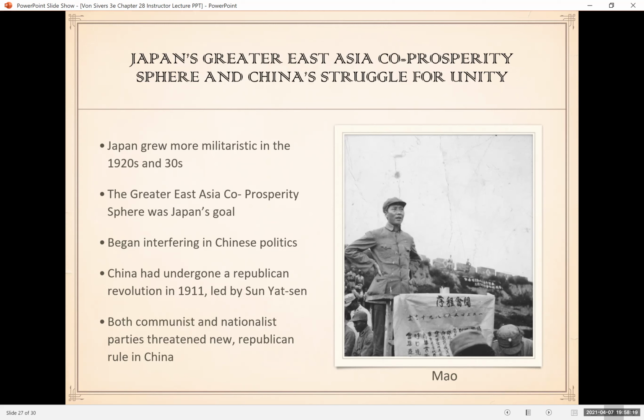However, there were communist parties that opposed him setting up this government. And that's going to set up the beginnings of a civil war in China between Sun Yat-sen, who was trying to set up a republic, and this man, Mao Zedong, who was a communist and wanted to set up a communist government.